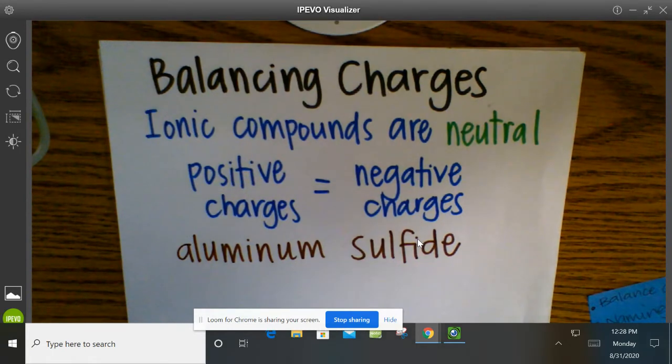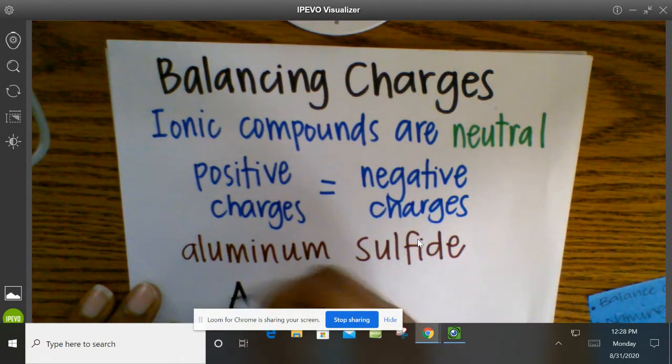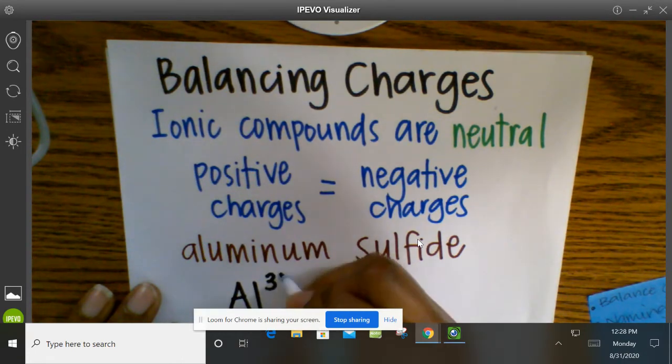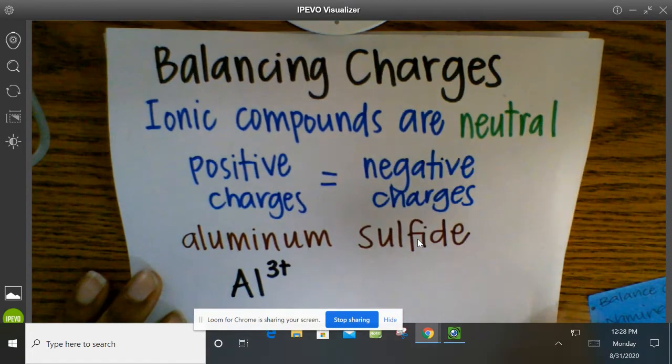The positive ions are at the top, the negative ions are at the bottom. And so I'm going to look for aluminum on the positive ions side of the chart. I find aluminum and I see that the symbol is Al and the ion has a charge of 3 plus. All right.